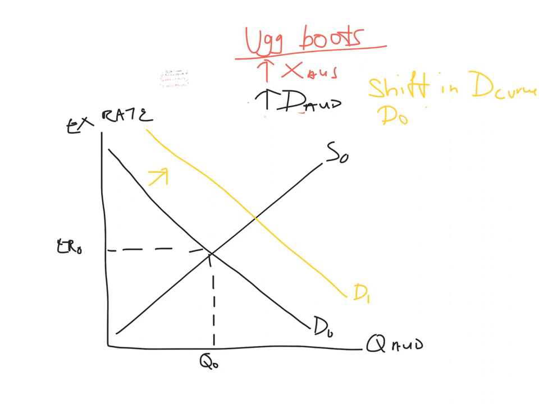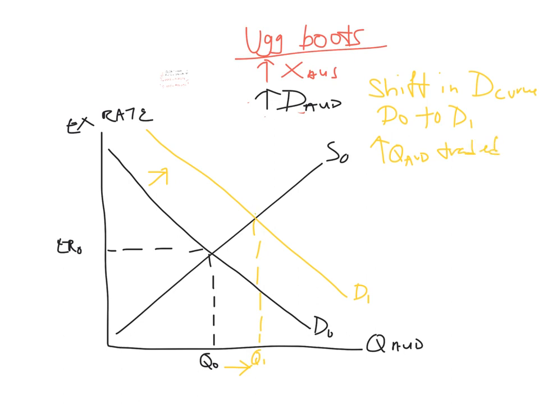You've gone from D0 to D1. And what are we going to see there? We're going to see that there is going to be an increase in the quantity of Australian currency being traded, right? So there's going to be an increase in the quantity of the Australian dollar traded.